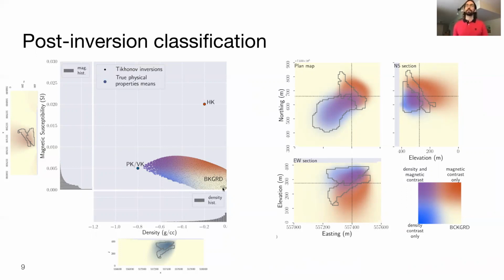And I also put on that scatter plot the real physical property signatures of each rock unit as I used in that synthetic. And we can see we're quite far away from reproducing those physical properties for identifying the different rock units. And if we do any sort of interpretation, as you see with the coloring here, it will be highly dependent on any threshold we choose.